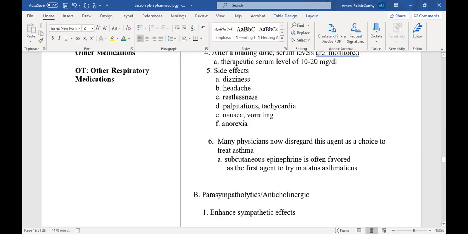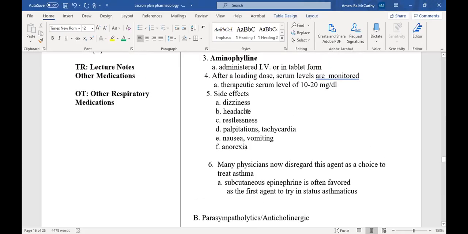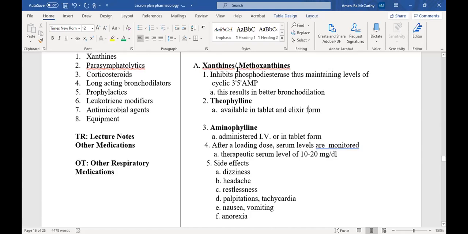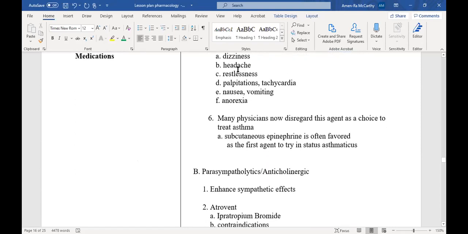And if you have such a bad asthma problem or such a bad lung disease where you constantly need to be dilated, then you're eventually going to start losing weight because you're never going to eat, because it causes you to be nauseous. Every time you eat, you throw it back up, okay? So those are some of the side effects of xanthines, okay?